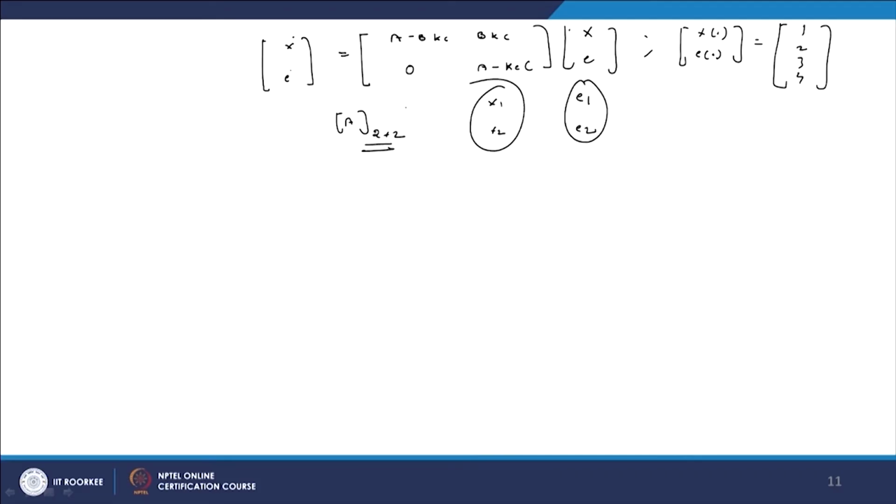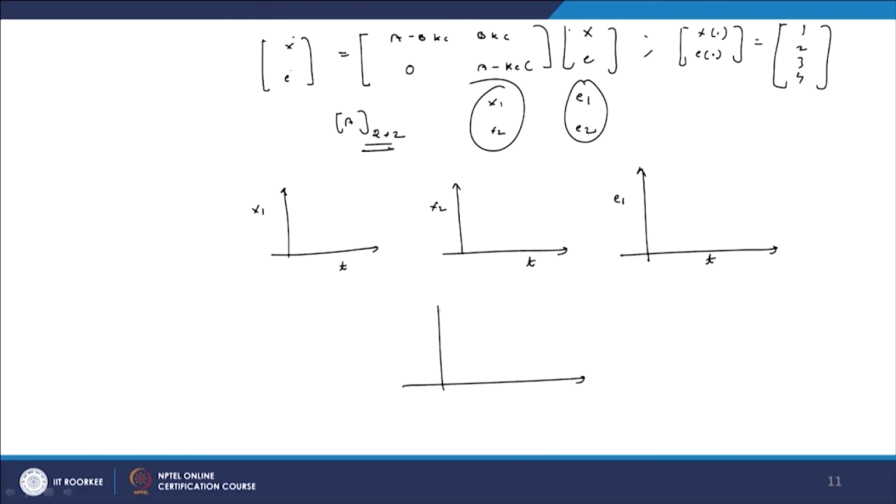That means we have to determine the response of state x1 with respect to t, state x2 with respect to t, error E1 with respect to t, and error E2 with respect to t. And we want all these state and error responses to reach 0 quickly.